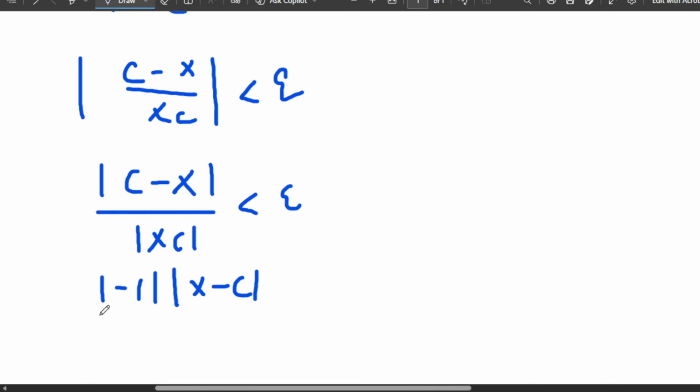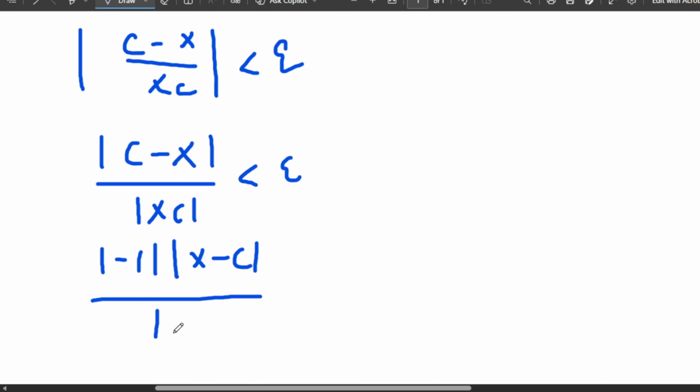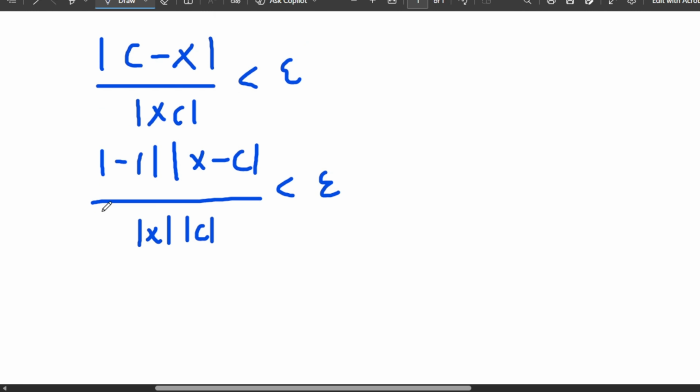So |x minus c| over |x||c| must be strictly less than our epsilon.